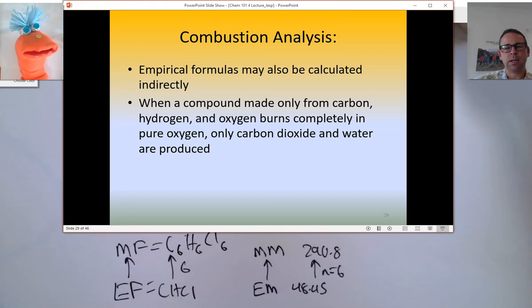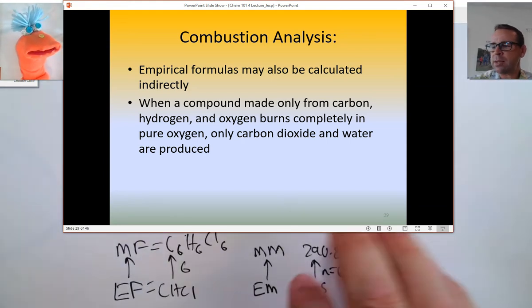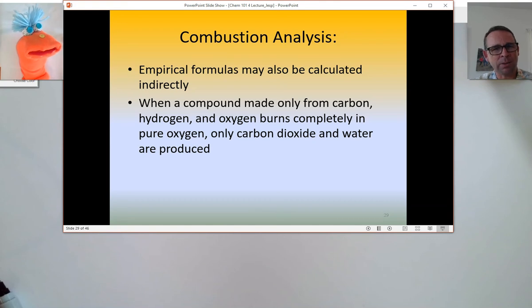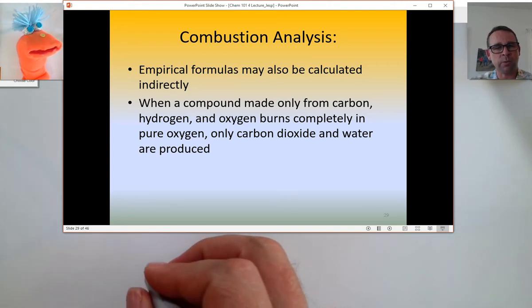Combustion analysis. Combustion analysis is a way that we can get the empirical formula for a compound by taking that compound, reacting it with oxygen, and then measuring the amount of carbon dioxide and water that forms.